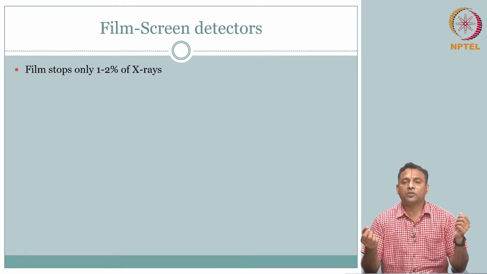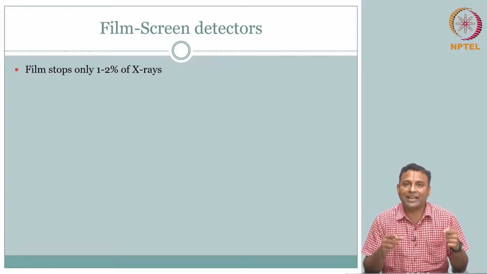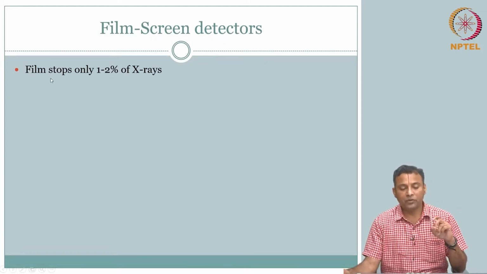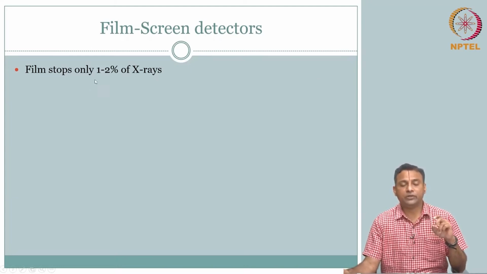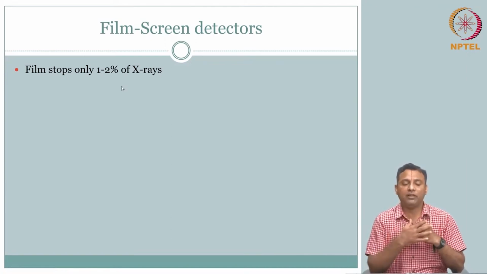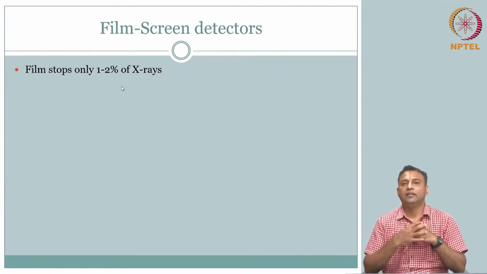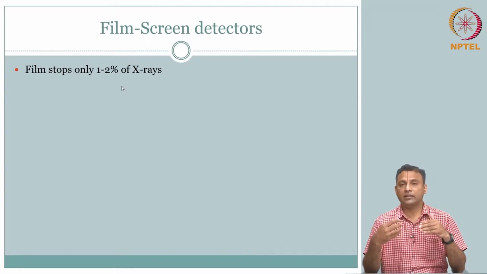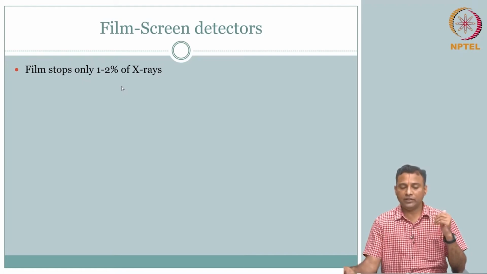So what is so specific about instrumentation for X-ray that we want to talk about? Yes, that did happen, but the efficiency is only 1 to 2% of the X-rays that can be stopped by a photographic film. That means very poor. Now that we have already talked about terminologies to do with the exposure and other things, biosafety, we want to make sure that you have this conversion.